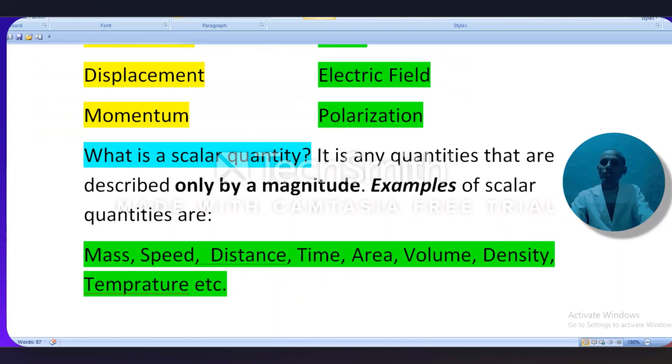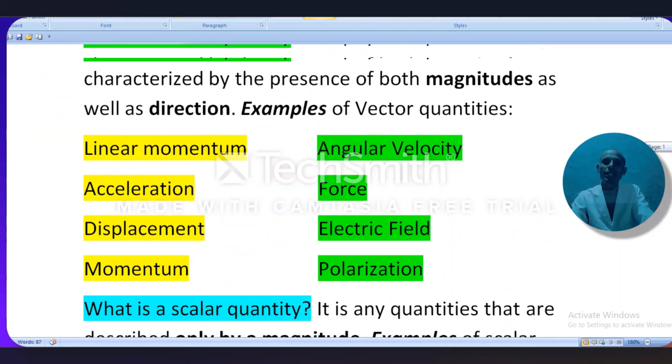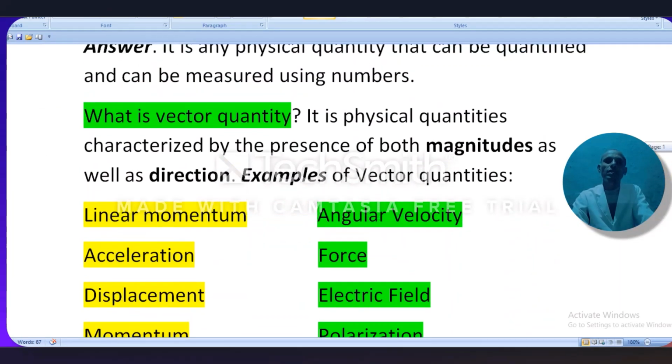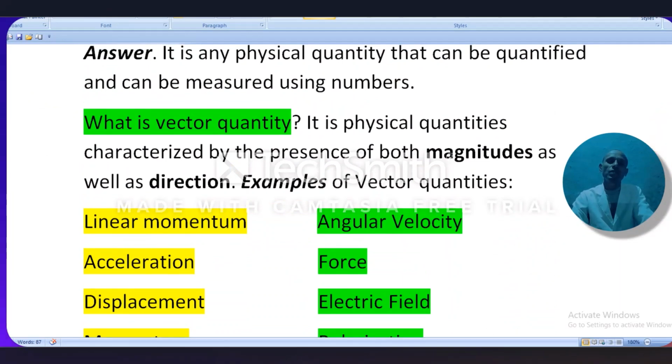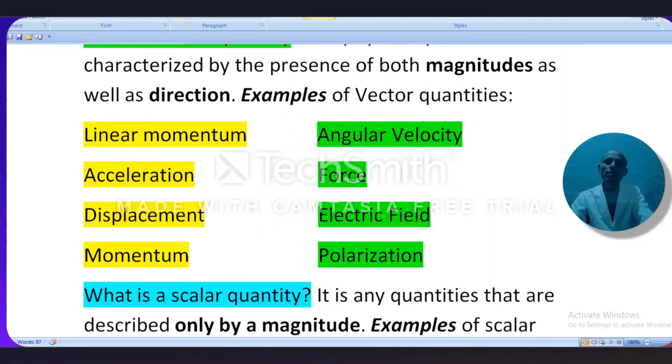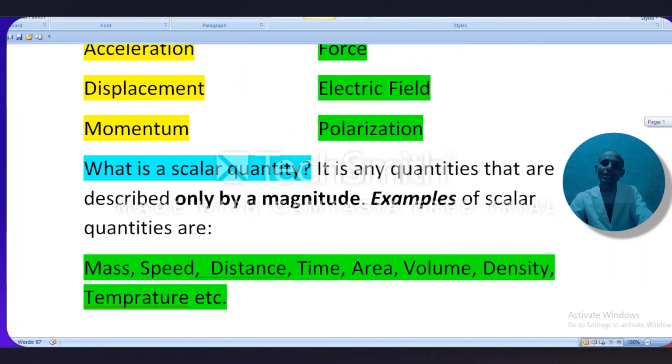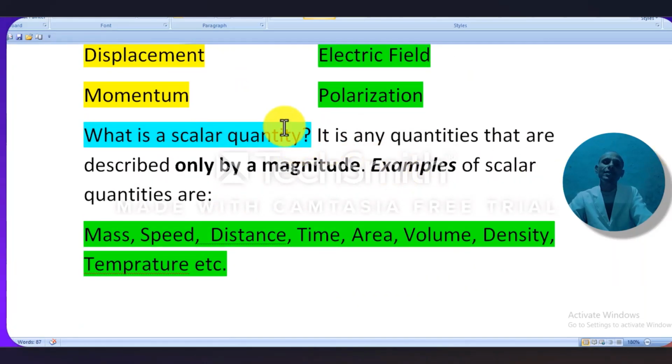Well done. There are different examples of scalar quantity. Categorizing them, as I mentioned above: linear momentum, acceleration, displacement, momentum, angular velocity, force, electric field, and polarization are vector quantities.